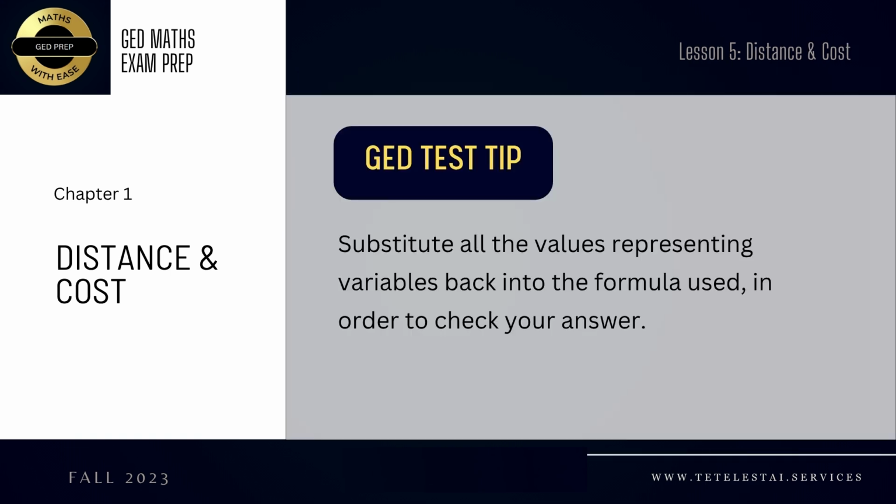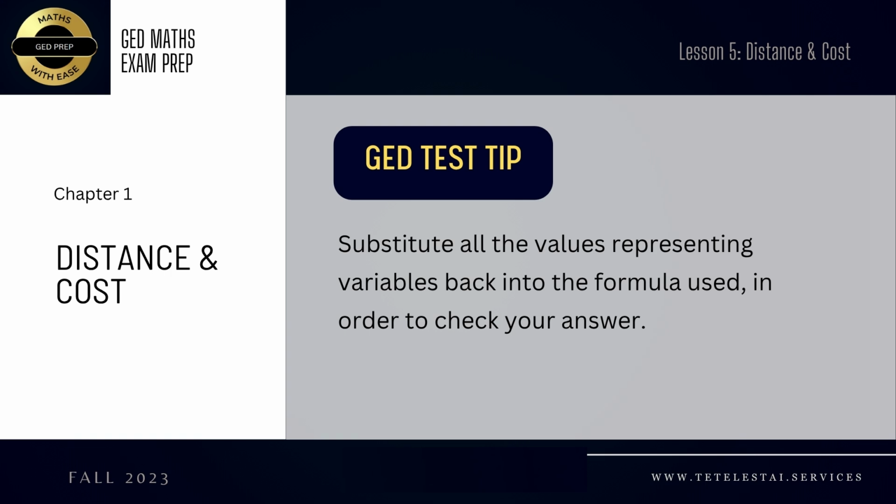So yeah, this is another really good test tip. You want to substitute the values for variables back into your formula to check your answer. So don't be intimidated when you see formulas like this.